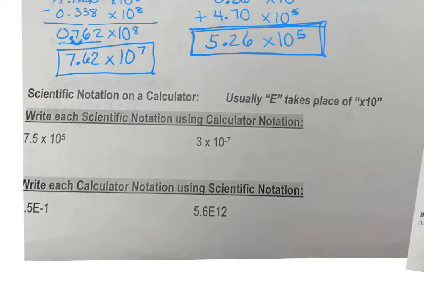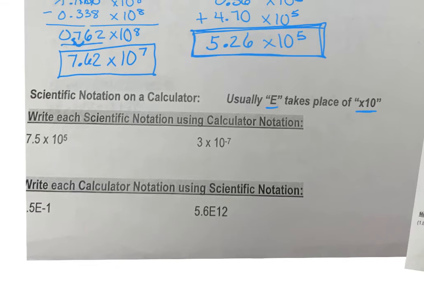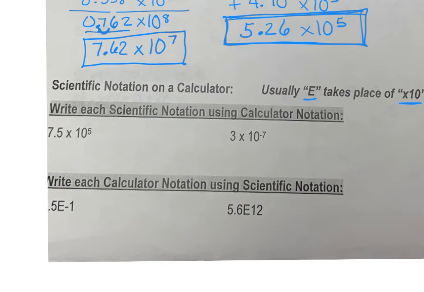If you have a different one, you might have this method where it uses E. So some calculators will use E instead of times 10. So if I want to put this in calculator notation, I'm going to replace times 10 with an E. So all it becomes is 7.5 E5. Does that make sense? You're just replacing it with an E.